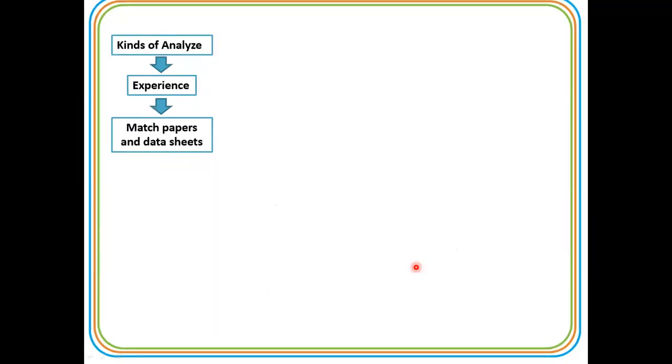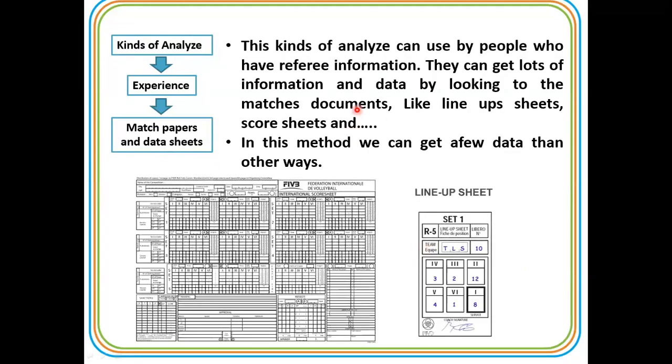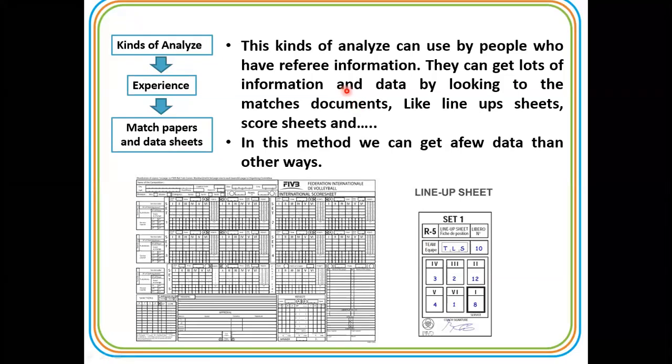Okay. Next, the match paper sheet. The base of this kind of analysis is referee information. If you have a little knowledge about referees and their duties, you can get information from these charts. This is the lineup sheet, and this is a score sheet.